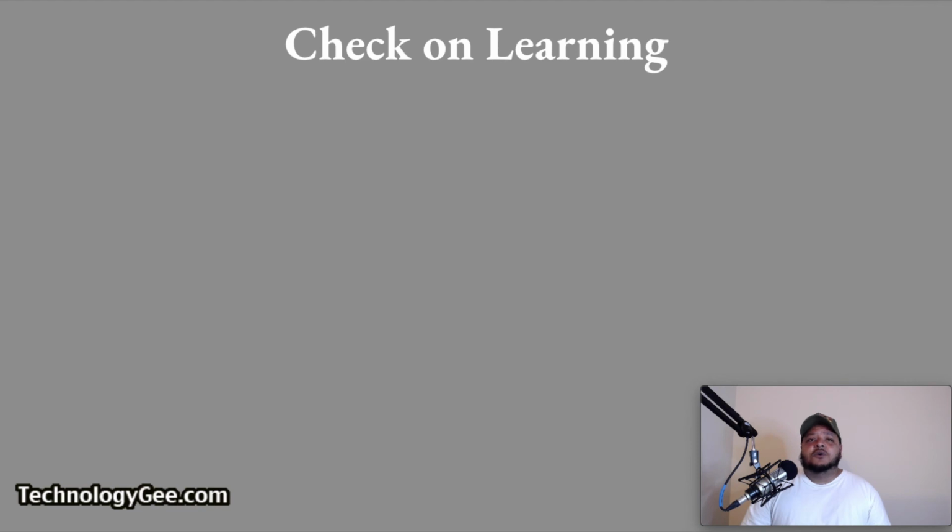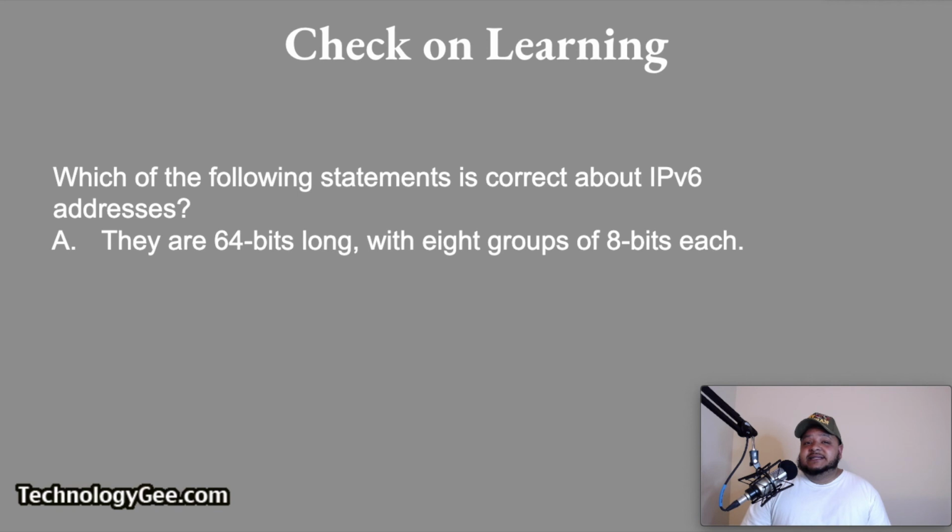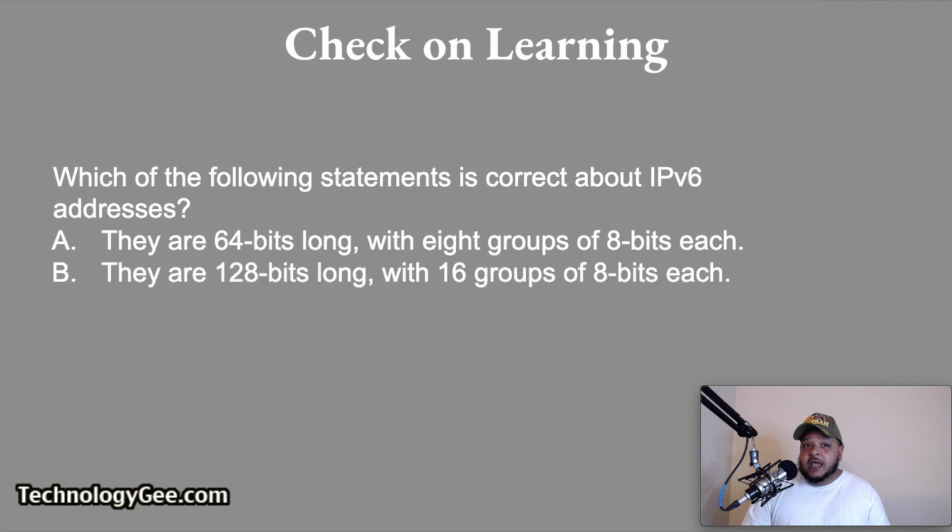And finally, third question. Which of the following statements is correct about IP version 6 addresses? A, they are 64 bits long with 8 groups of 8 bits each. B, they are 128 bits long with 16 groups of 8 bits each.